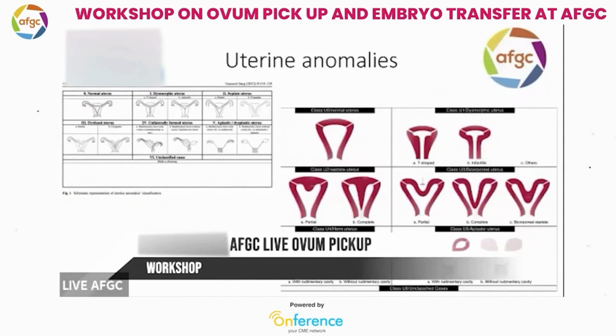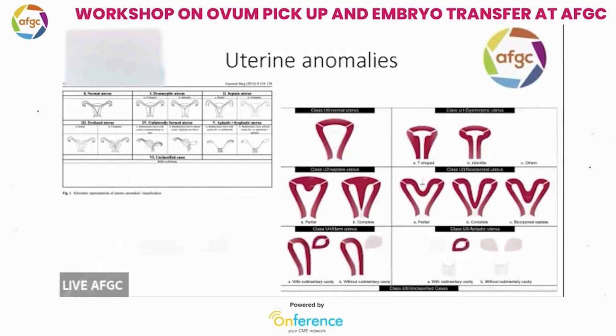Again and again I am referring to them, because septate and double uterus do not cause reproductive issues, but in those with infertility and a large septum, many studies have confirmed that a large septum, meaning one going more than 50% of the cavity, with reproductive issues must be removed. So for that, diagnosis is important.